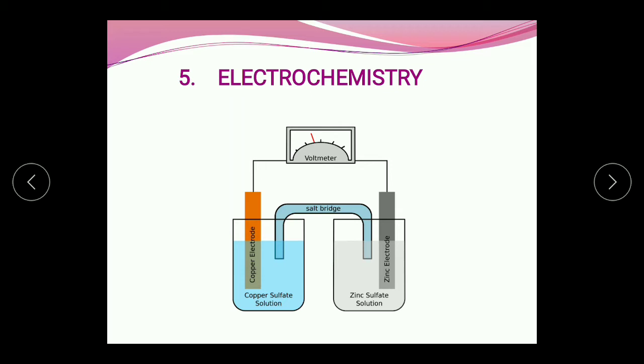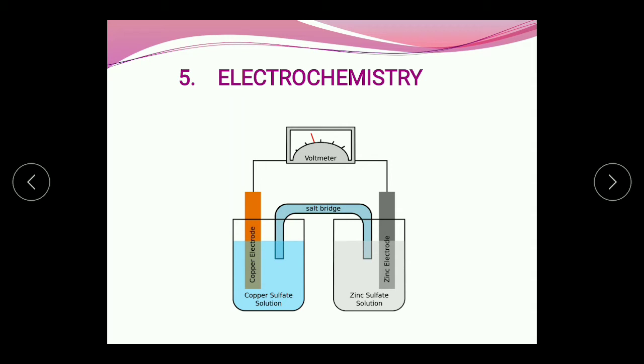Hence, our formula is E0 cell equals minus E0 reduction anode plus E0 reduction cathode. Both carry RED or reduction as subscript. We can remove that because reduction potential is the standard potential. It is now fixed.